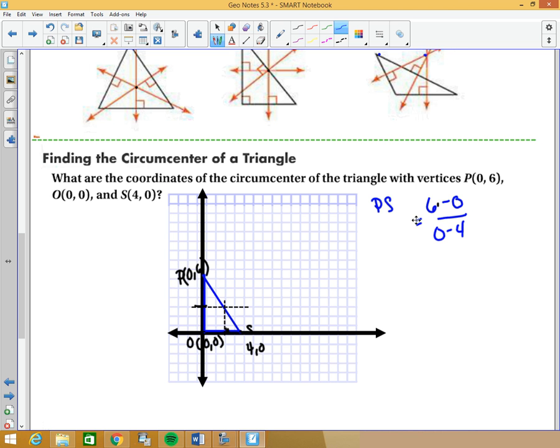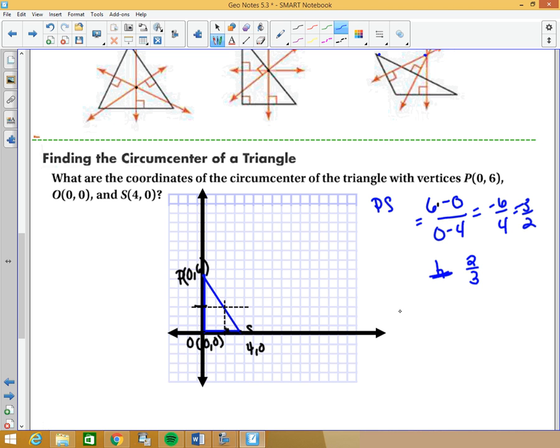And it looks like we'll get negative 6 over 4, or 6 over negative 4, which will turn into negative 3 over 2. So in order to get the perpendicular slope for that, the line with a perpendicular line would have a slope of 2 over 3.